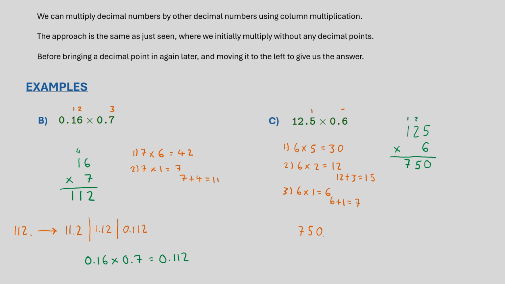This time the decimal point will move 2 places to the left. So we have 12.5 multiplied by 0.6 equals 7.5.